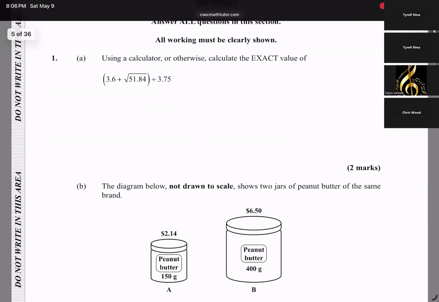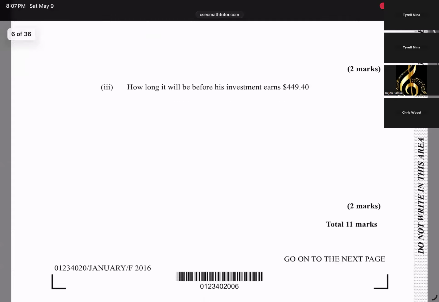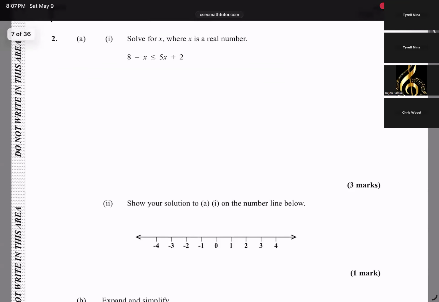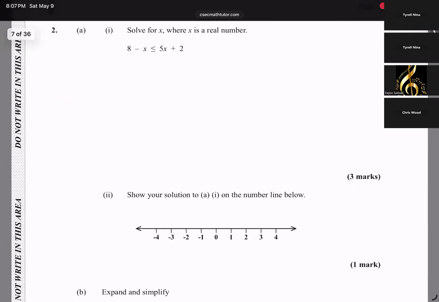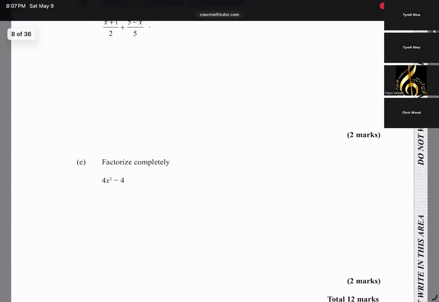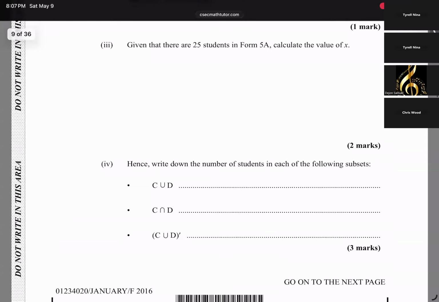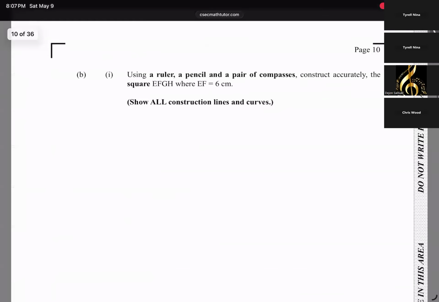Make sure your calculator's in order, right? You'll see it has a lot of consumer arithmetic, algebra, and so on. We'll go through those, right? Sets, right? Go through that as well.